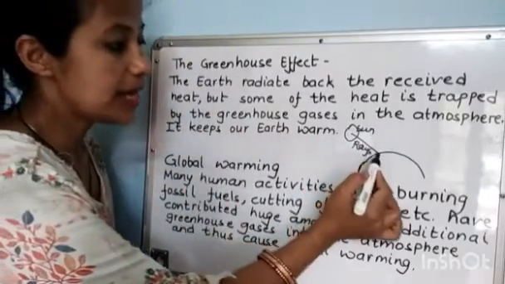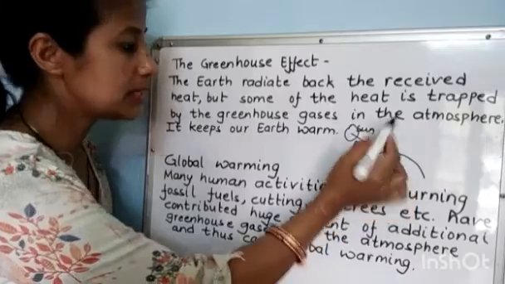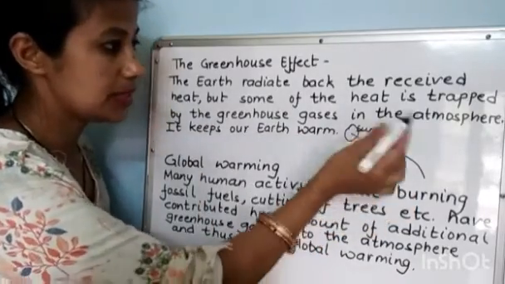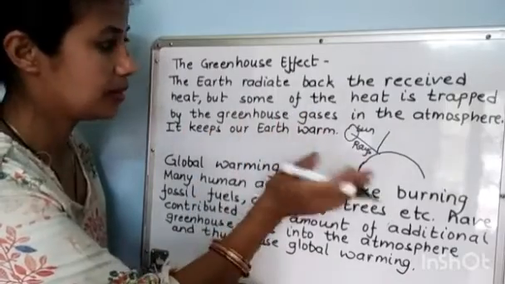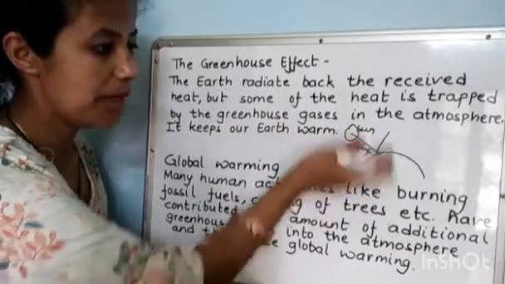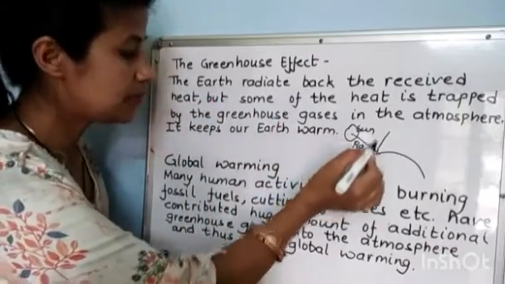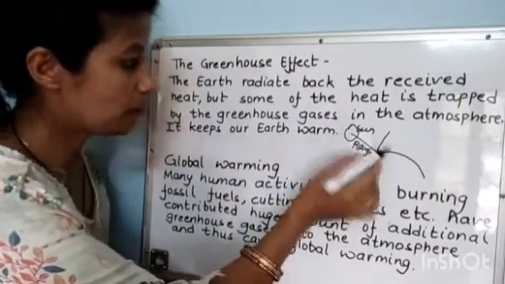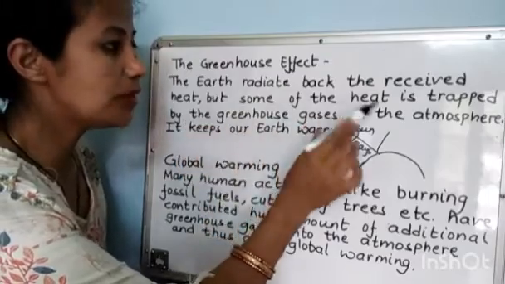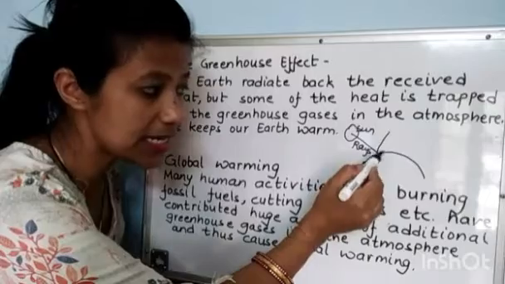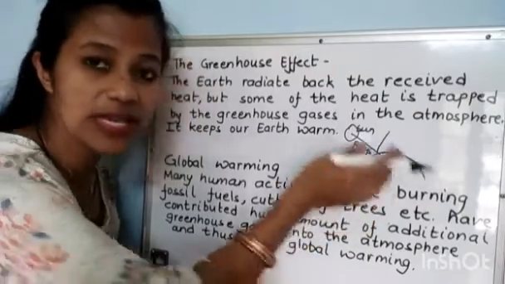The earth radiates back the received heat, but some of the heat is trapped by greenhouse gases.